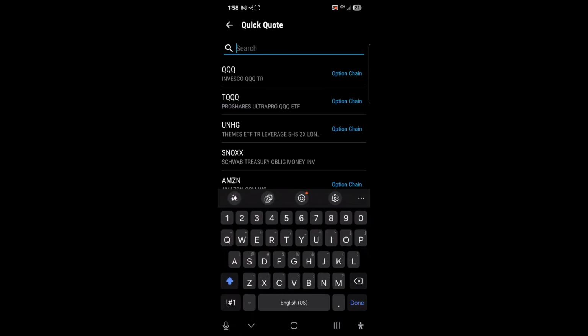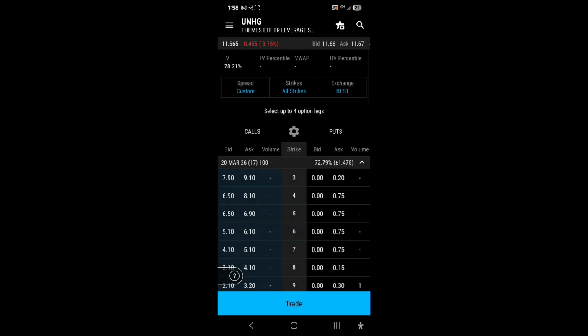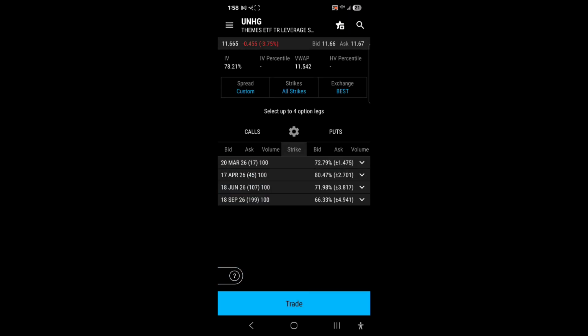Now, are there companies that offer maybe monthly? Let's see how that looks. Here's one called UNH. It almost looks like they offer quarterly options. So they have much fewer expiration dates. And some people may like that. Some people may want more expiration dates to work with.